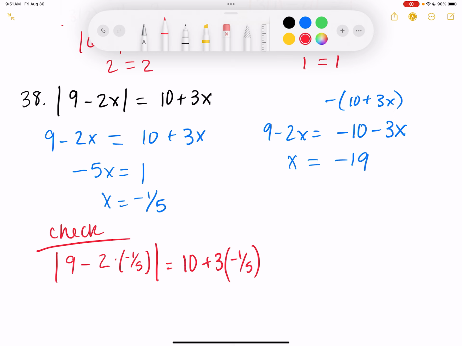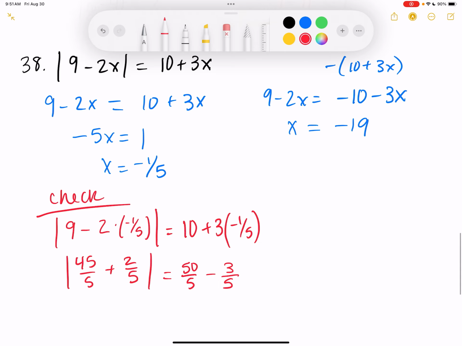Negative and negative is positive, so plus 2/5. Over here I'm going to write 10 as 50 over 5 minus 3 over 5. So I get 47 over 5 is equal to 47 over 5. So that one works. Even though that was negative, that still was a solution.